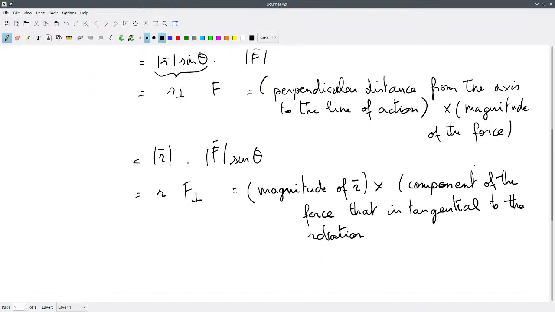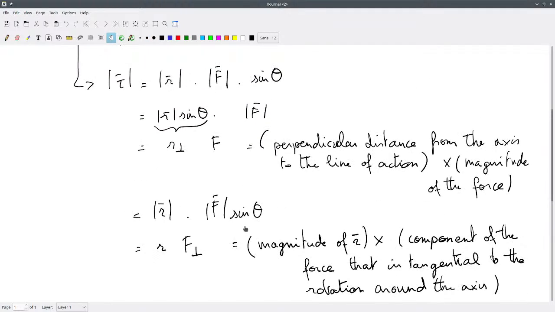It's tangential to a circle, but you know what I mean. It's tangential to the rotational direction around the axis. In other words, it's the component of the force that is perpendicular to the line that connects to the center of our rotation.